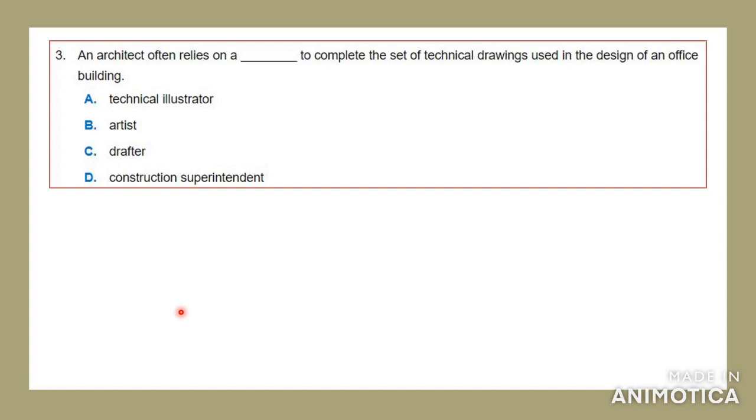So an architect often relies on: is it technical illustrator, is it artist, is it a drafter, or is it the construction superintendent? The architect would design the drawing, and then he would rely on the drafter to do all of the drawings that are necessary to build the building. So he would use C, the drafter.